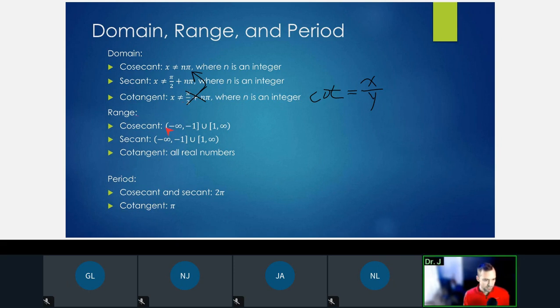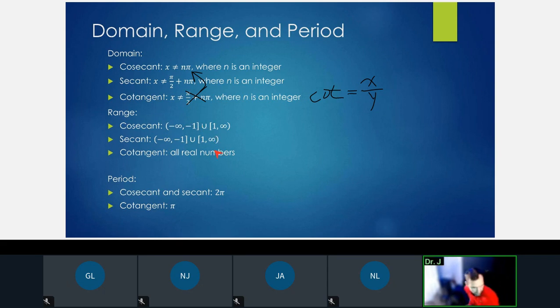All right. And then the range, you can see these right from the graph. Cotangent is all real numbers, just like tangent looks very similar. And then the cosecant and secant, they're different.